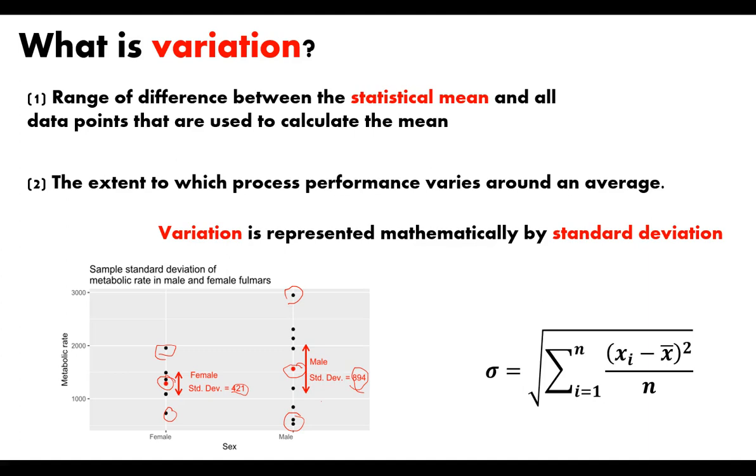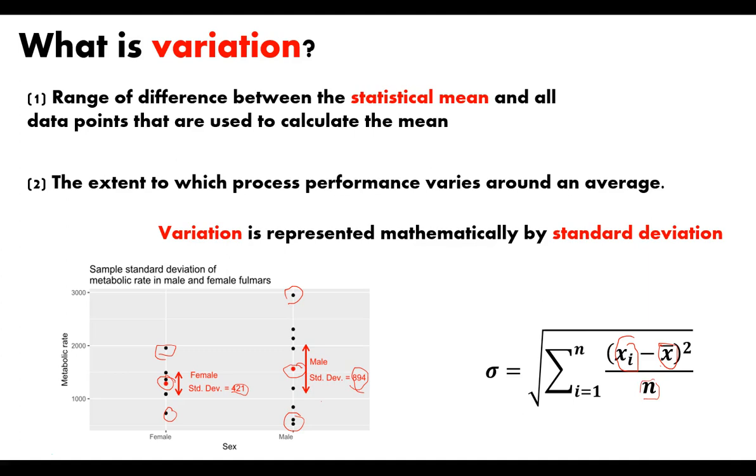And this is the formula for standard deviation. When you think of this first definition, it actually mathematically looks the same: the range of difference between the statistical mean and all of the data points that are used to calculate that mean.